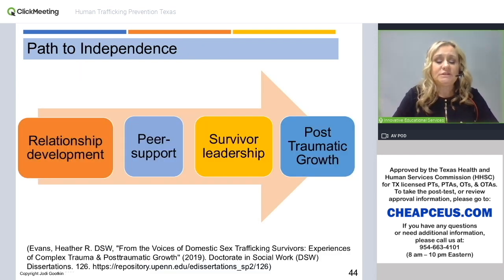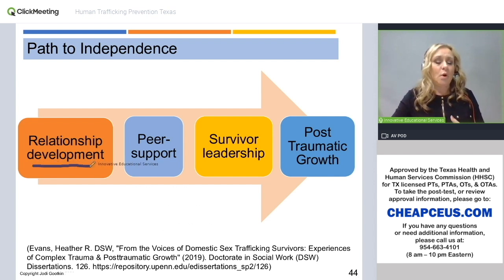I read an interesting 2019 dissertation, Voices of Domestic Sex Trafficking Survivors, and it, in an in-depth way, outlined the different components of the successful path to independence. Relationship development is an important component to combat the social isolation the individual has previously experienced. Peer support is something they have been deprived of and may have been an initial vulnerability that they had.